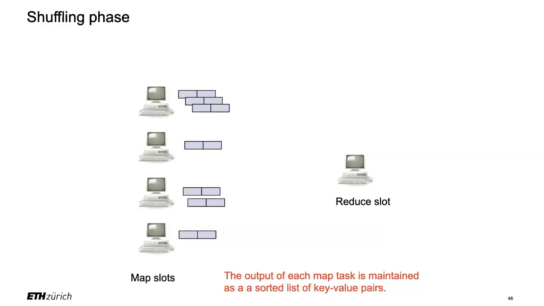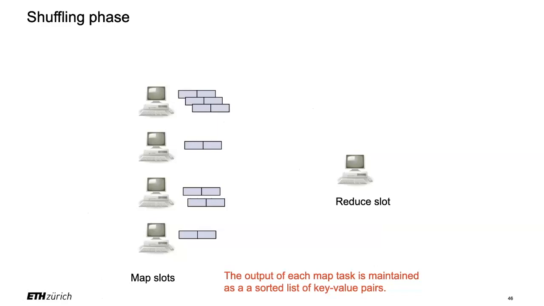So what happens if I zoom in a little bit on what's happening? If we have some reduce slot that is supposed to execute the reduce function on some specific keys, that reduce slot needs the data. So that reduce slot is going to connect to every one of the machines in the cluster, saying, okay, I need these keys, ship them to me.